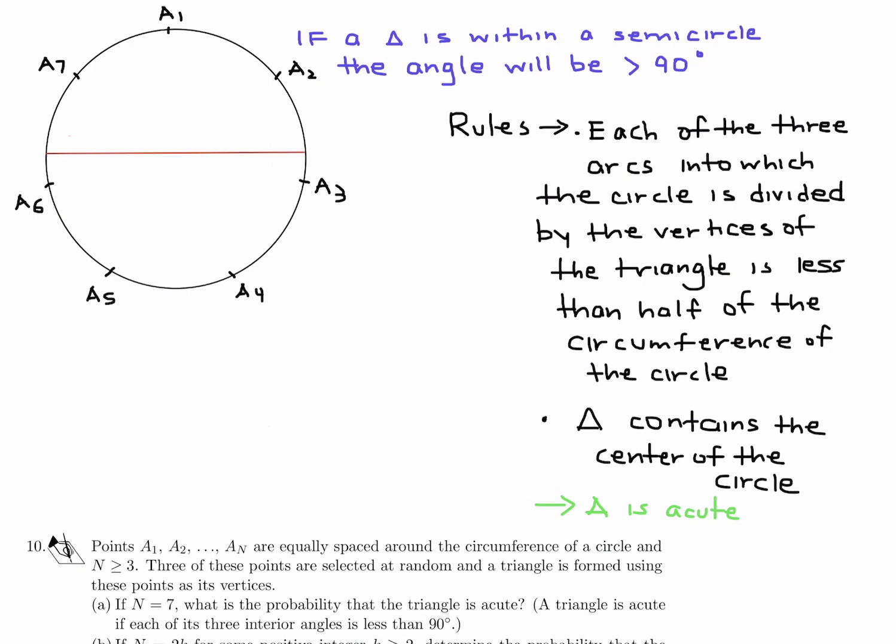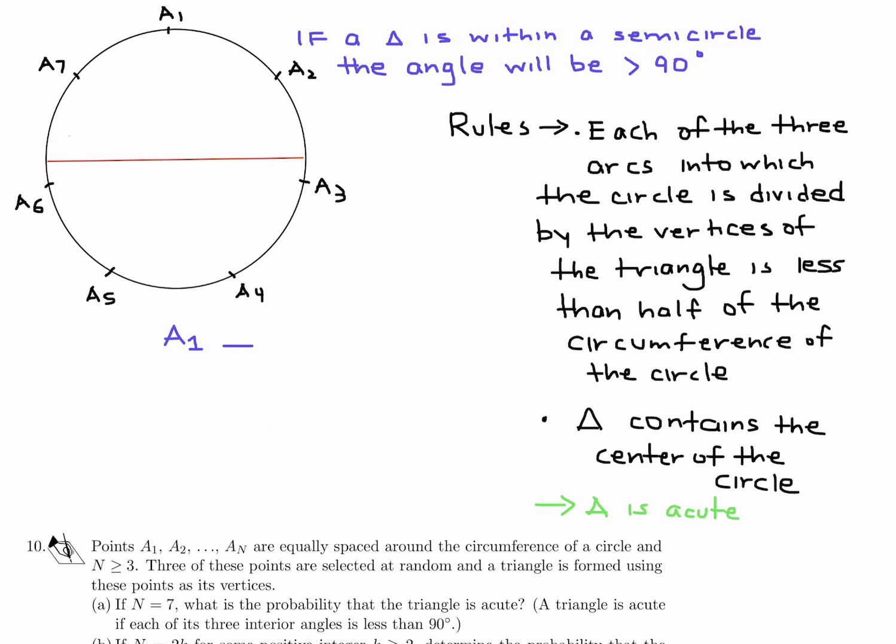So here's my circle. I've put 7 points, A1 through A7, and I've drawn a diameter in red. Now, let's proceed with casework here. Let's say I've got A1 as my first point. Now I've got to figure out where I can put my second point.